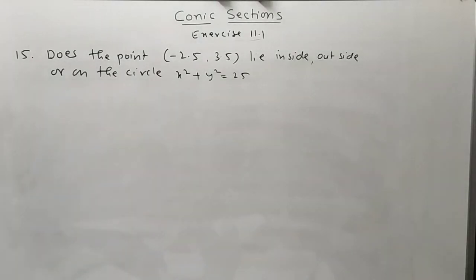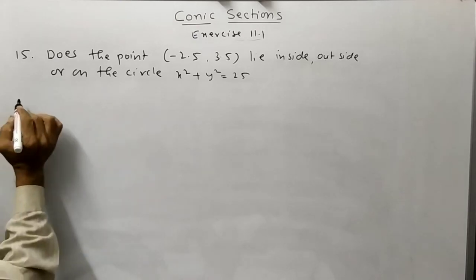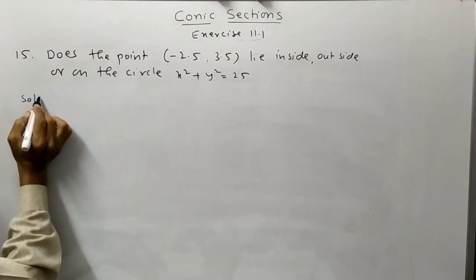Next question. Does the point with coordinates minus 2.5 comma 3.5 lie inside, outside, or on the circle x square plus y square is equal to 25? Solution.